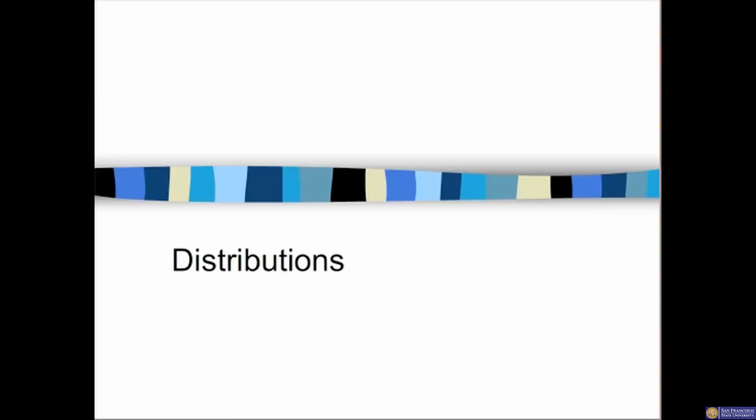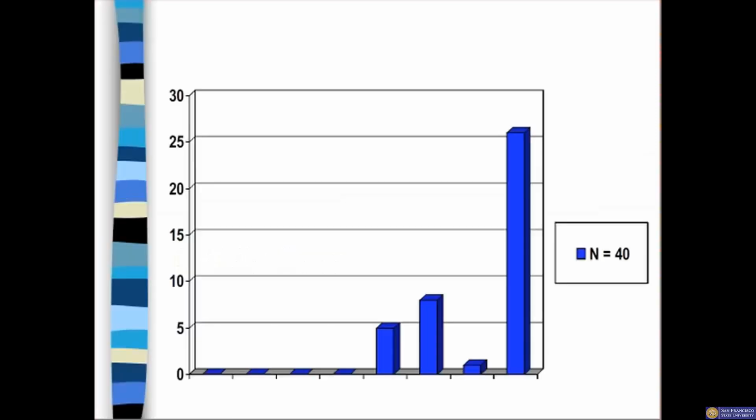Let's move on to distributions. This is how your data is variable and what it looks like. So here's just a distribution. You'll see that we have an N of 40, a large number of responses over here on the right hand side, and then it skews towards the left with very few responses.